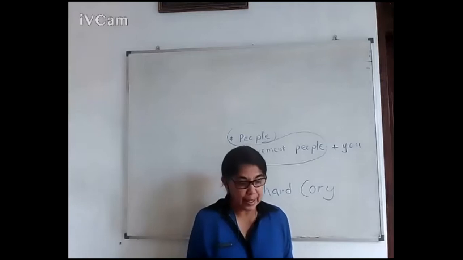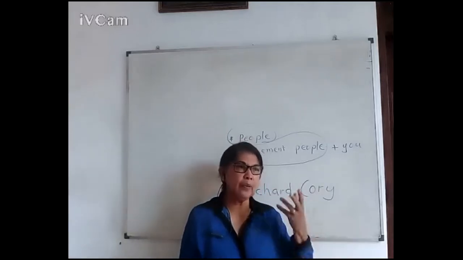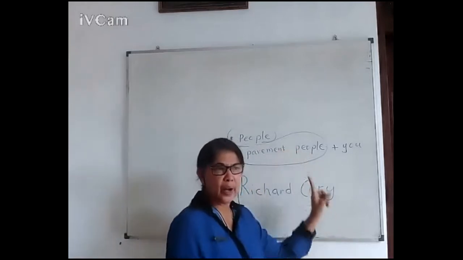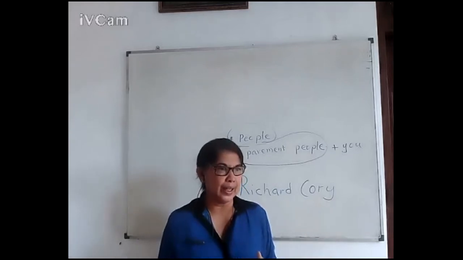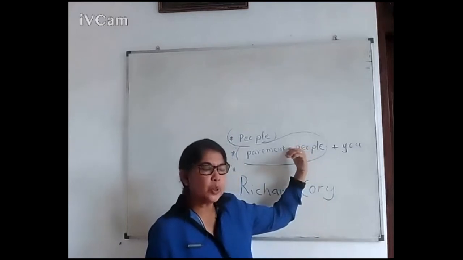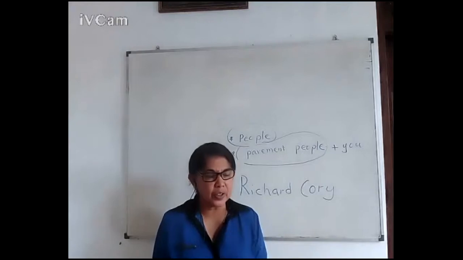So that is why it is important to see he was human. If he was inhumane, then people would not look at Richard Cory. They might fear him. But here it gives the idea that all these people admire Richard Cory.